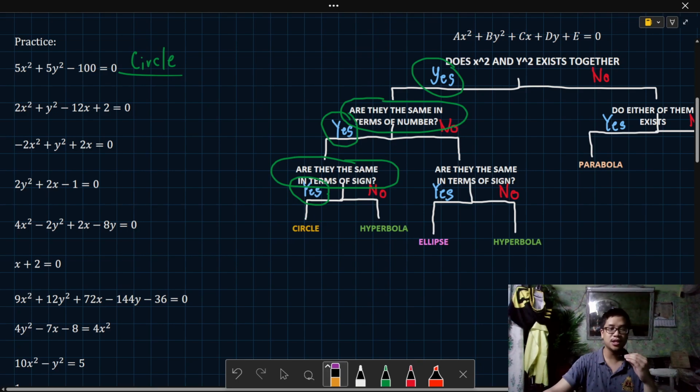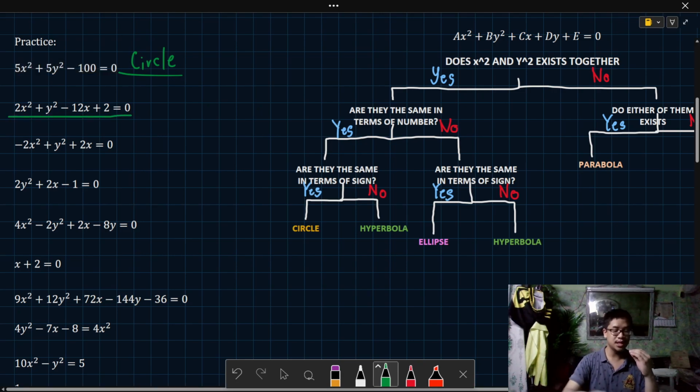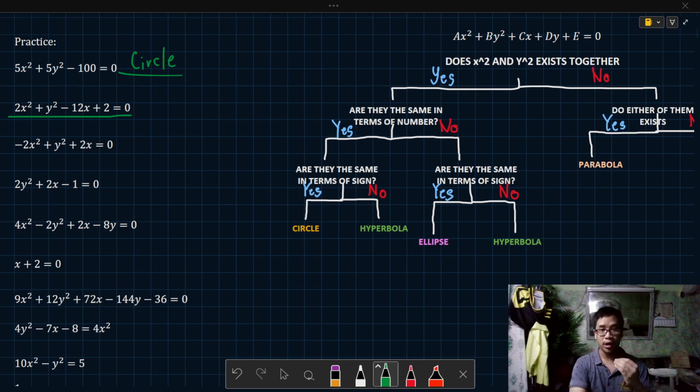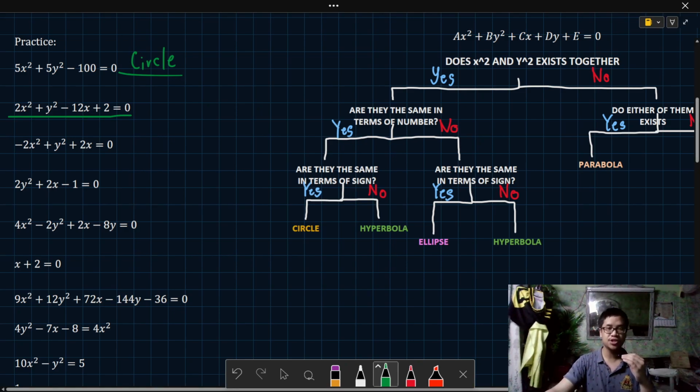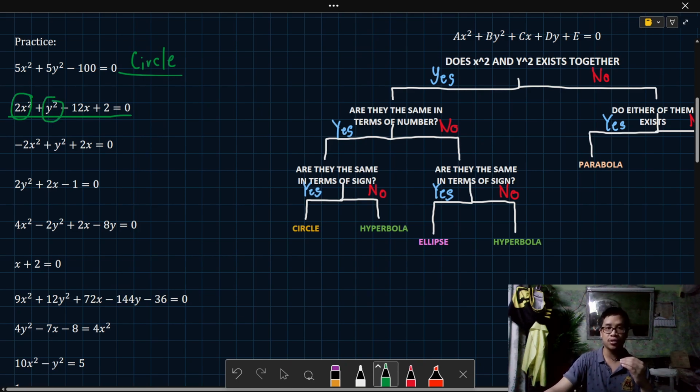Let me just erase the green pen colors. Second, we have 2x squared plus y squared minus 12x plus 2 is equal to 0. First question, do x squared and y squared exist together? There is an x squared and there is a y squared, so it's a yes.